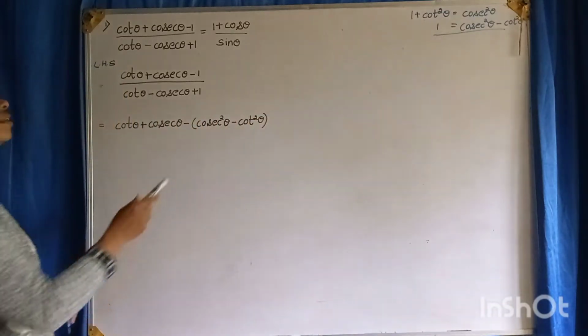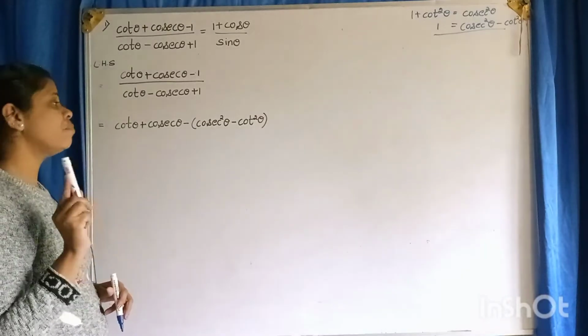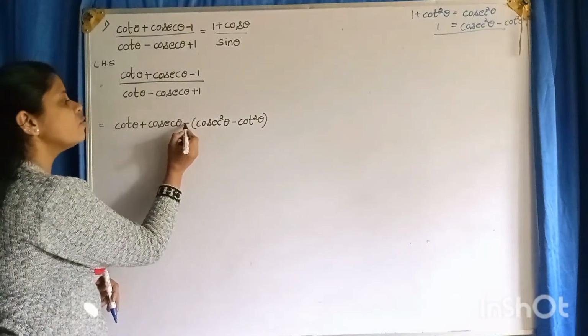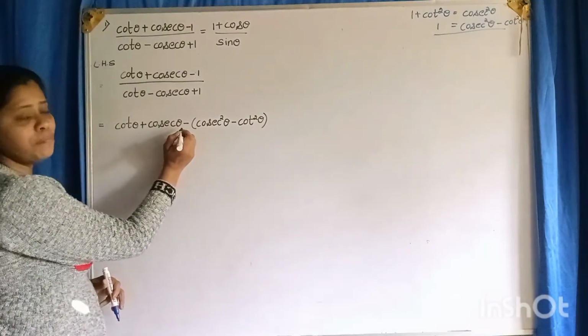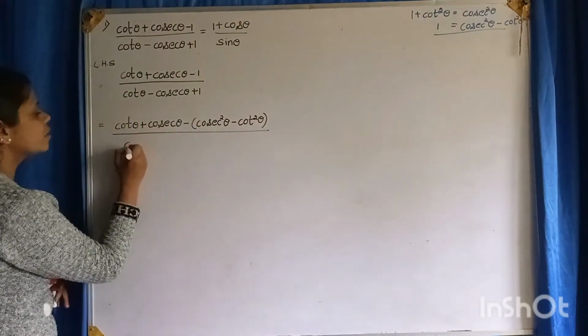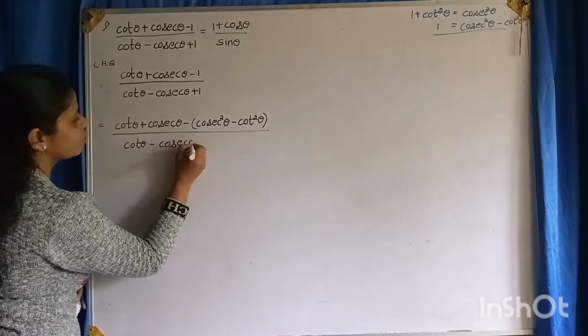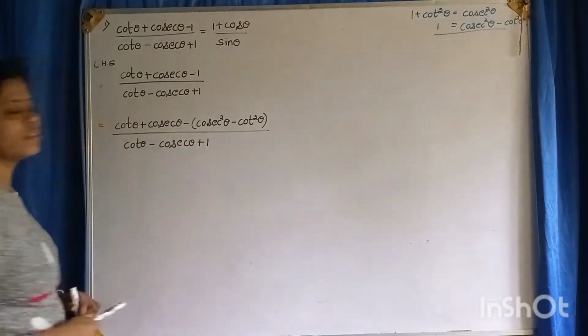See here, this cosecant square theta minus cot square theta, you have to take it in the bracket because here you have minus sign. Okay. Whole divided by cot theta minus cosecant theta plus 1.